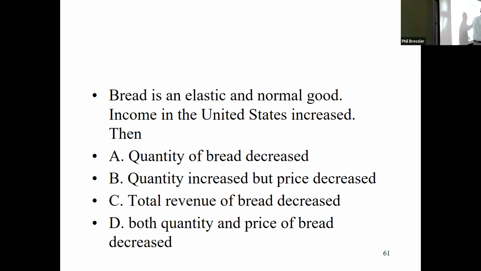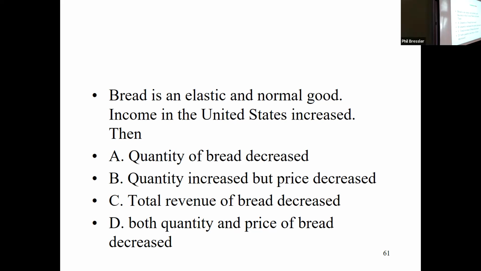Normal good. How am I gonna graph an income increase on this? So what is the demand shift? You're saying this way, right? Yeah. So you've got price up, quantity up, do you agree? Okay. Quantity increases, so B is wrong.